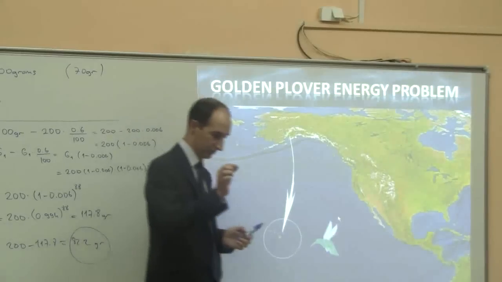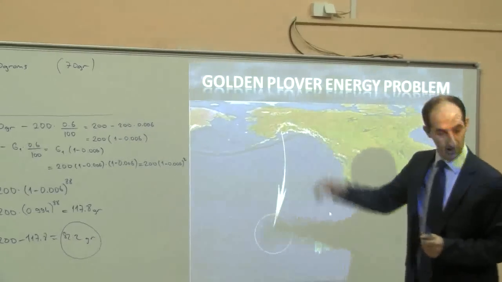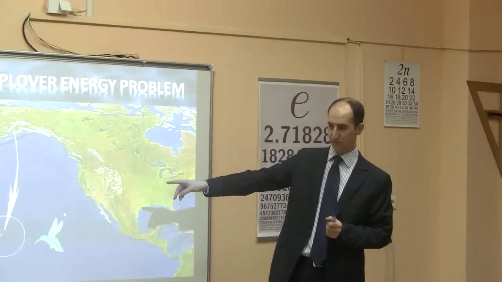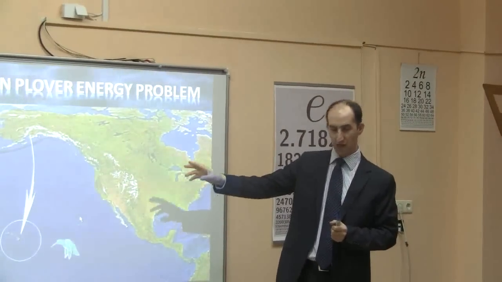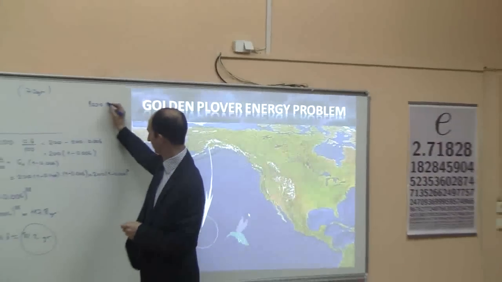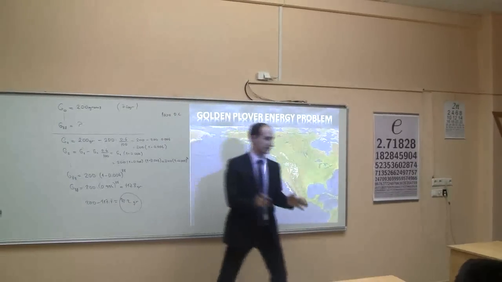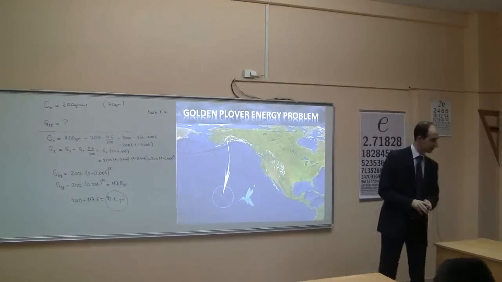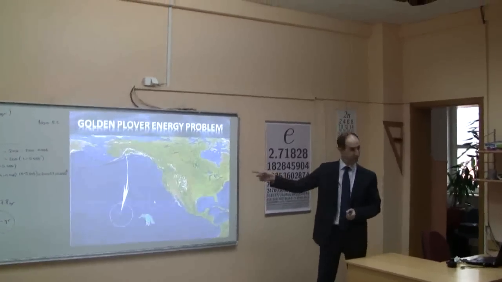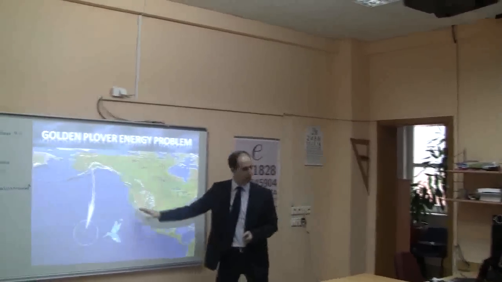And one more interesting thing about this flight: the Hawaiian Islands were discovered before 1000 BC. Polynesians discovered that island. But how did they discover it? Yes, by following these birds.